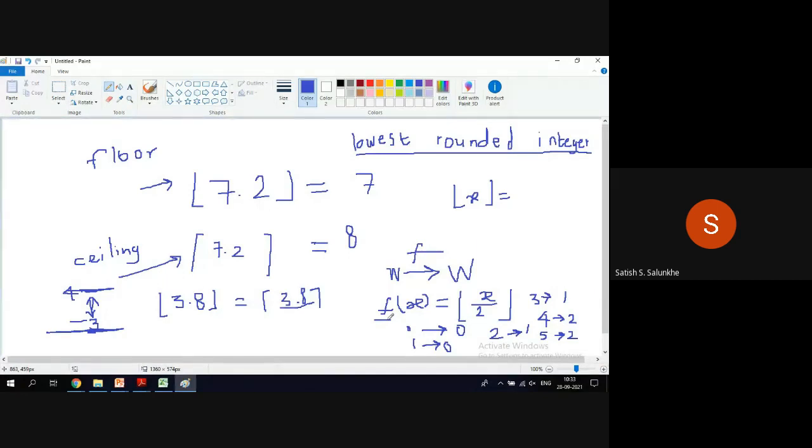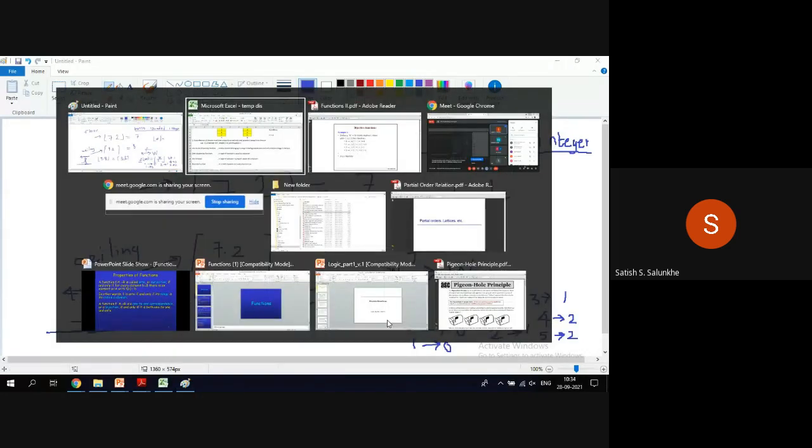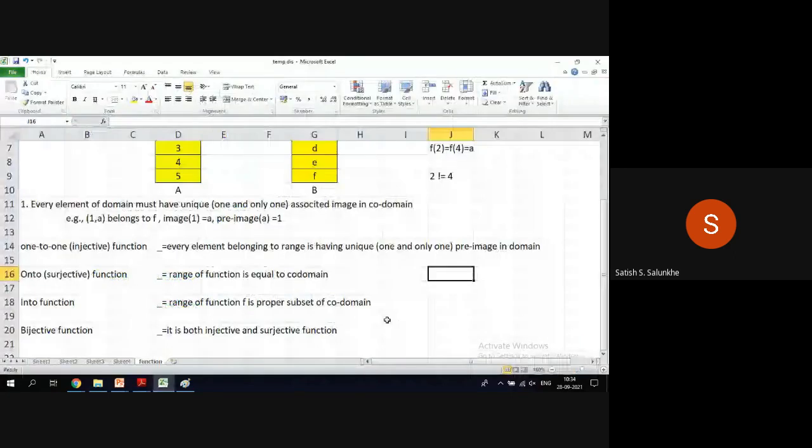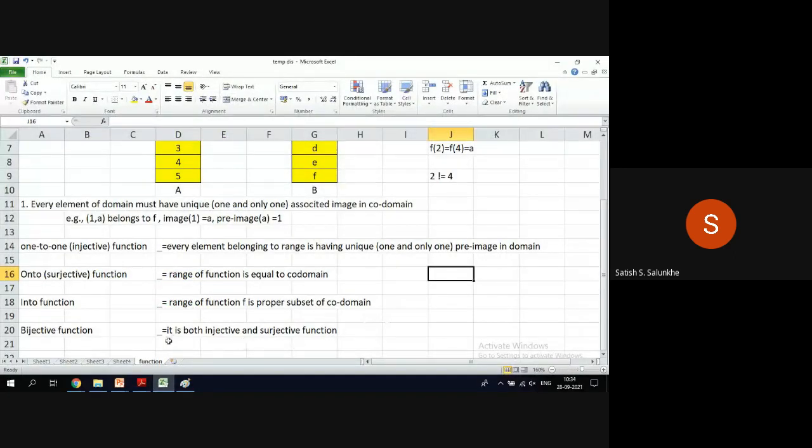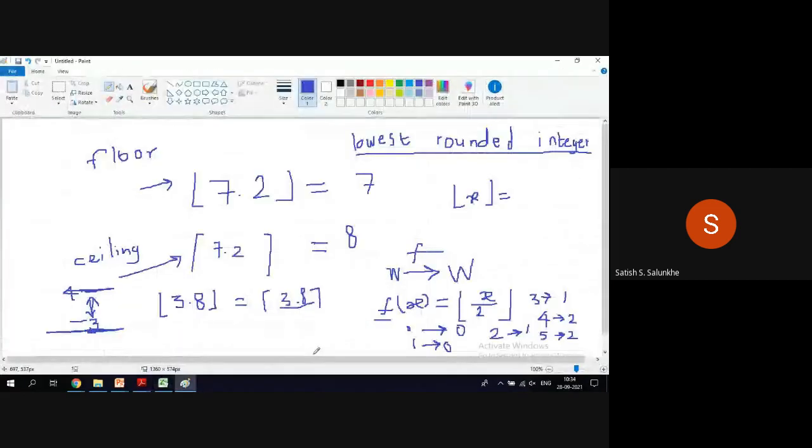So Viraj, I am asking you. It is into. Okay. So yes, it is into, but it is not onto. Therefore, it is not bijective. Why? Because it should satisfy both properties. It should be one-to-one as well as onto. Therefore, it is not bijective.